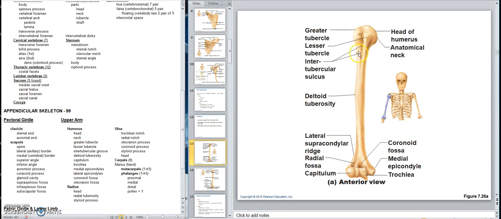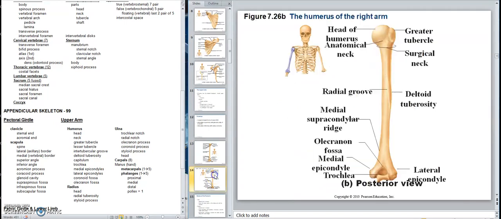But right here is the surgical neck. That's the one that normally breaks. That's the surgical neck. So here's the head. Here's the anatomical neck, because you know anatomical is after the head. But this is the part that breaks, so they call that the surgical neck.